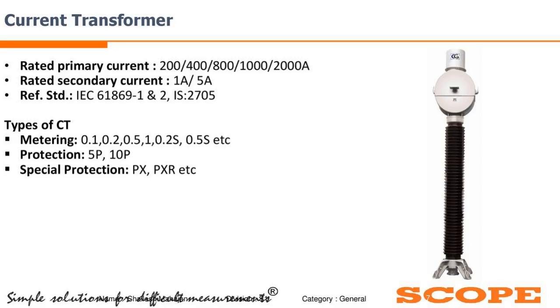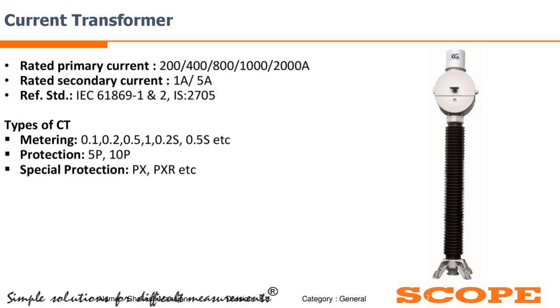In metering, we can see 0.1 class CTs, 0.2 class CTs, 0.5, 1, and 0.2S, 0.5S. Out of that, 0.2S and 0.5S are the special class metering CTs that are used for revenue metering purposes. Then for protection, there are two types, 5P and 10P.